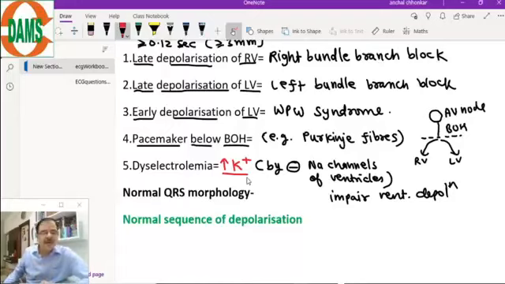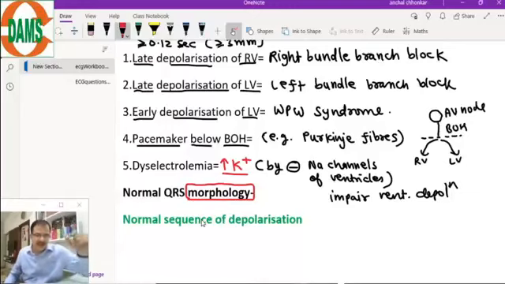Now come to the QRS morphology, a very important aspect of the QRS. Yesterday I got messages asking why there is a negative wave in the QRS, why there is a positive wave in the QRS. So understand carefully, the QRS morphology is different in different leads.